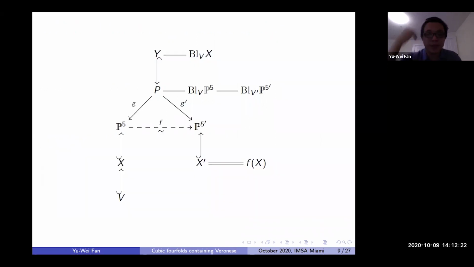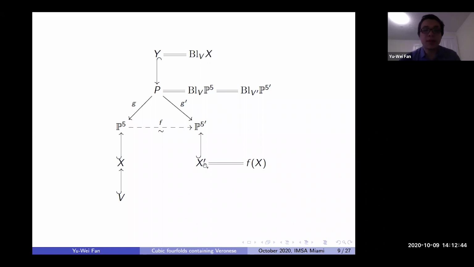This is the diagram that we're going to use in the next slide. We have this cubic X in P5, which contains the Veronese, and this Cremona transformation induced from the Veronese. We denote the image of X by X prime.